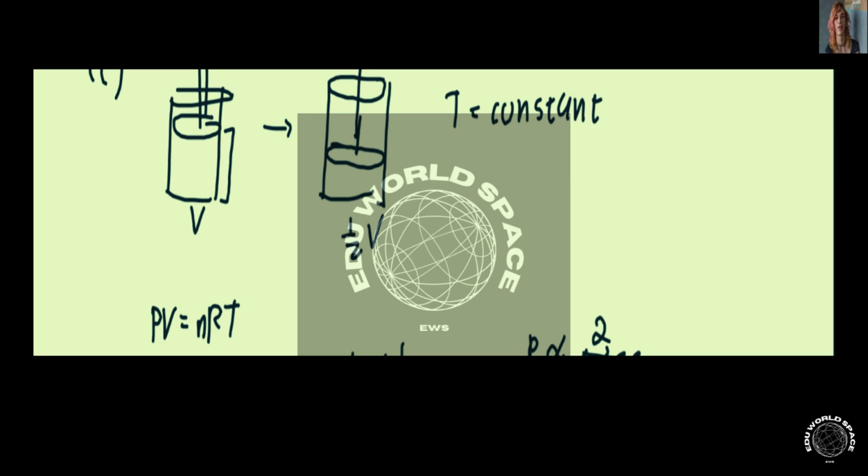If we're decreasing our volume by 1/2, then our pressure increases, or doubles. This is because we're keeping our temperature constant. So if we push down on our piston, we have the same number of gas molecules hitting the walls much more since our volume decreased. So pressure is inversely proportional to volume, which means we have to double our pressure.